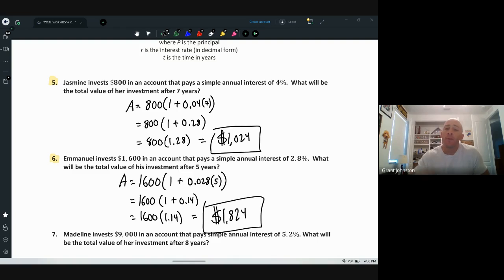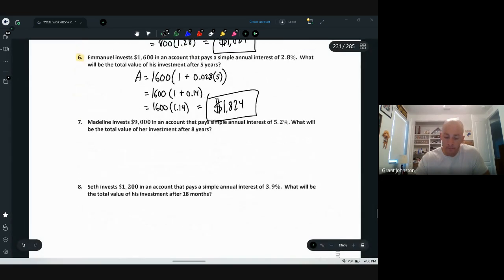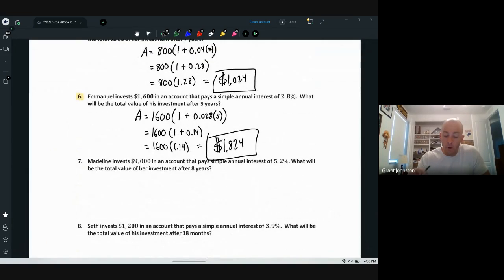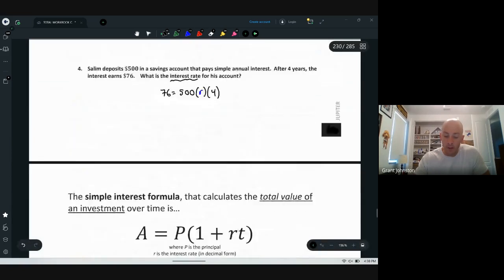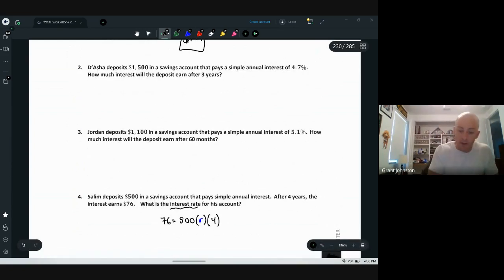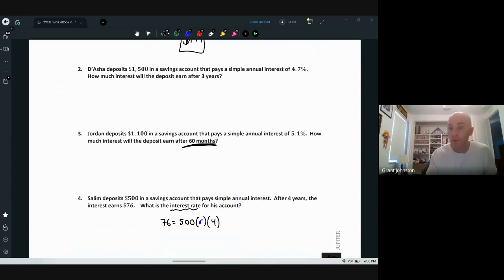Okay, hopefully those two examples are enough to do these ones down here. Oh, I forgot to mention, some of these can be a little tricky. Like on number 3, it says 60 months, but remember, there's 12 months in a year, right? So 60 divided by 12 is 5.